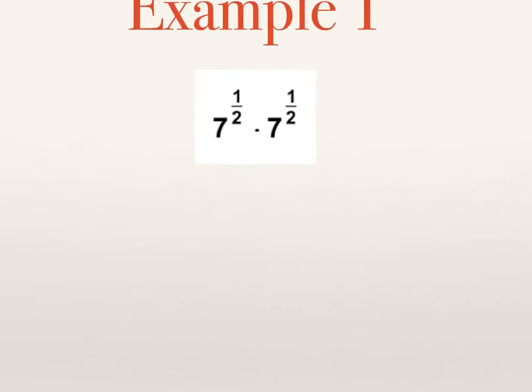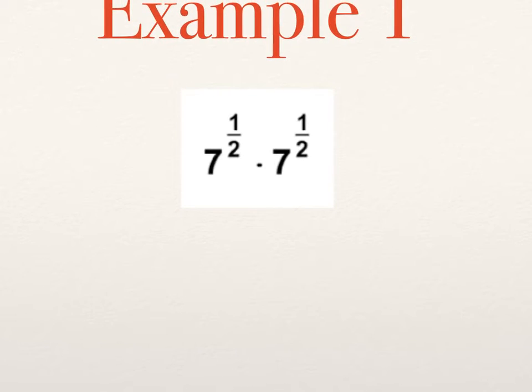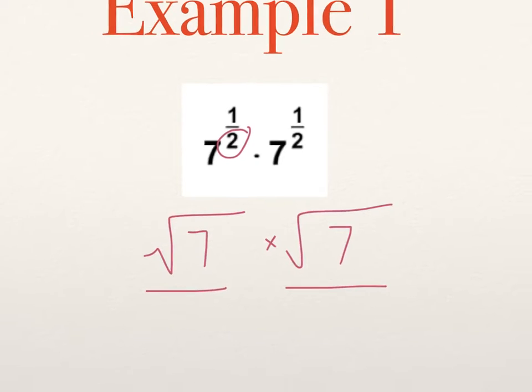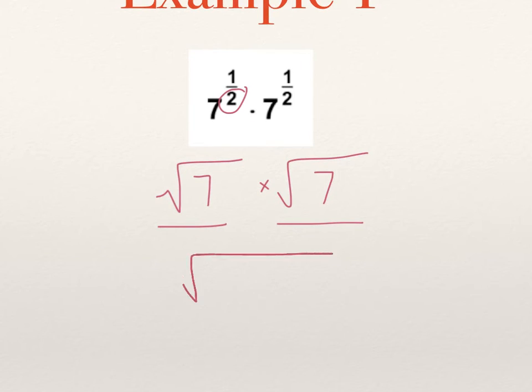Now I have some examples. In the first one, we can simplify this. Since there's a 2 on the bottom, it's just saying the square root of 7 times the square root of 7. Remember, if we have a square root times a square root, and their indexes are the same, we can combine them.